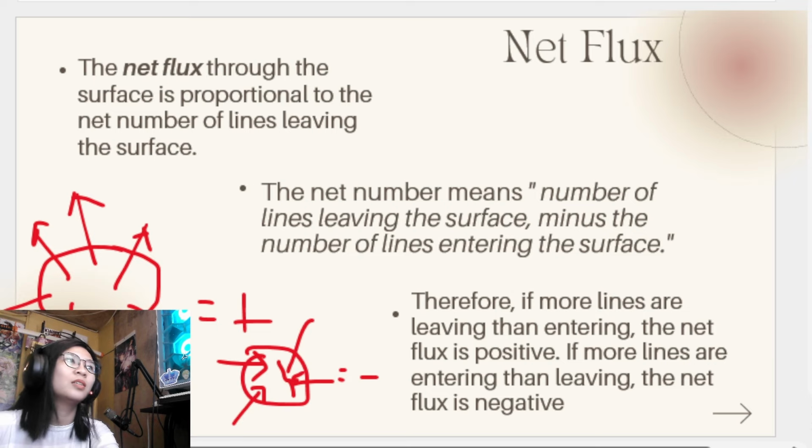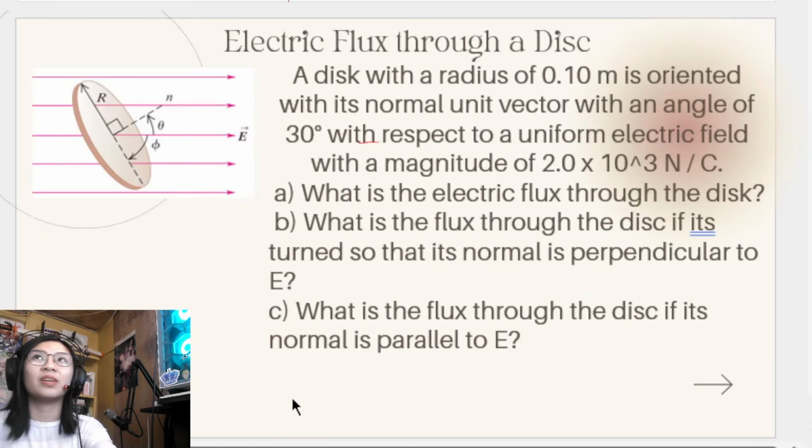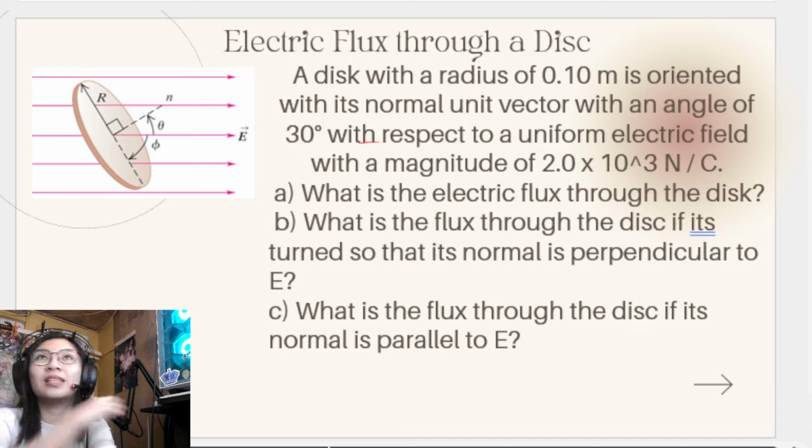Okay? So for example, we have here the disk. Electric flux through the disk. A disk has a radius of 0.10 meters that is oriented with its normal unit vector at an angle of 30 degrees with respect to a uniform electric field with a magnitude of 2.0 times 10 raised to 3 Newton per Coulomb.